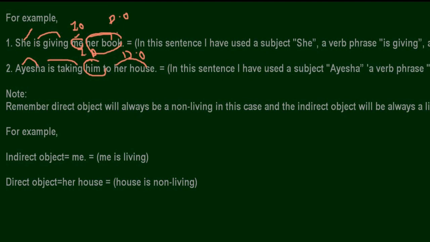Her book is a non-living thing, her house is a non-living thing. She is giving him some flowers, so flowers is a direct object, which is a non-living thing. So just remember, the indirect object will in most cases be living, while the direct object will be non-living.